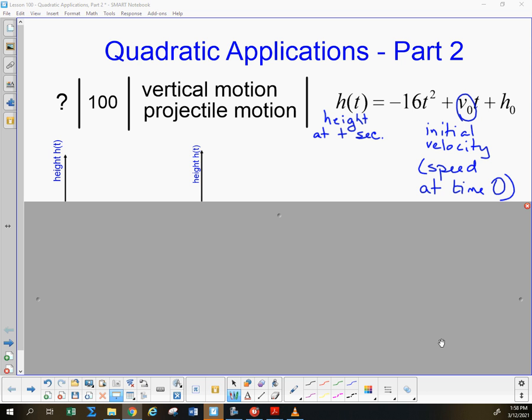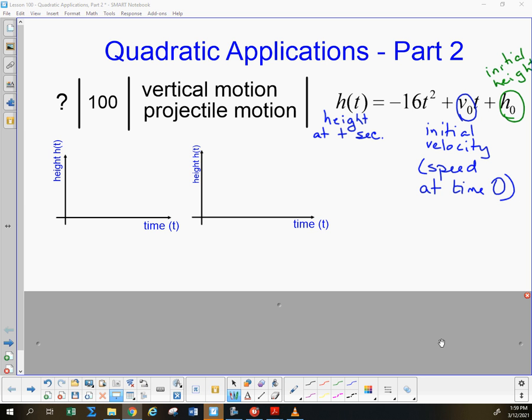And then we have h sub 0, that's another subscripted variable, that is the initial height. It's the height at time 0, it's the starting height. Maybe we are up on a platform when we throw something or drop something.